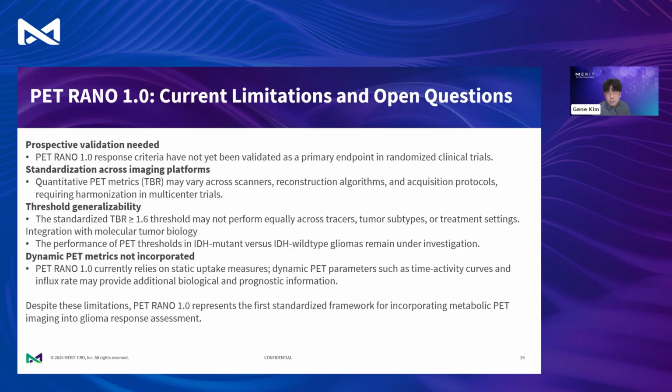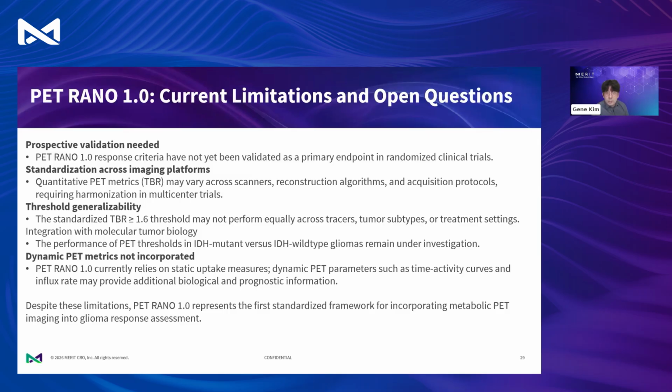The most significant limitation is that the PET RANO 1.0 response criteria have not been validated as a primary endpoint in a prospective randomized controlled trial. The supporting evidence, including the case studies presented today, comes from single-center cohort studies, and prospective validation remains the field's critical next step.